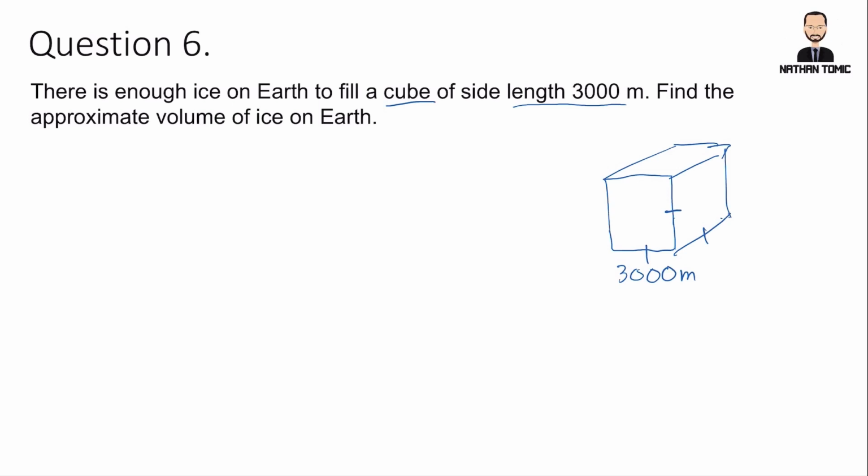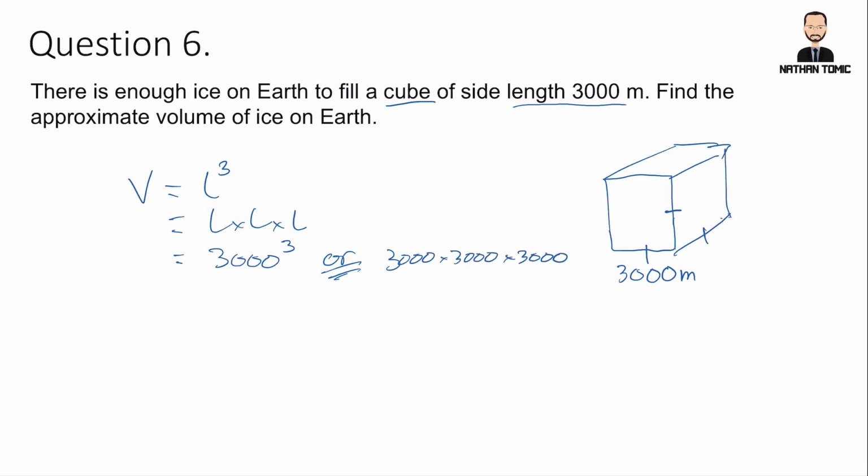Okay, so now if we do our volume, because this is a cube, we can say volume is equal to length cubed. Okay, remember that is equal to length times length times length if you don't know how to do cubed on your calculator, for example. So really that's the same as saying 3,000 cubed, or 3,000 times 3,000 times 3,000. We should remember that from earlier on.